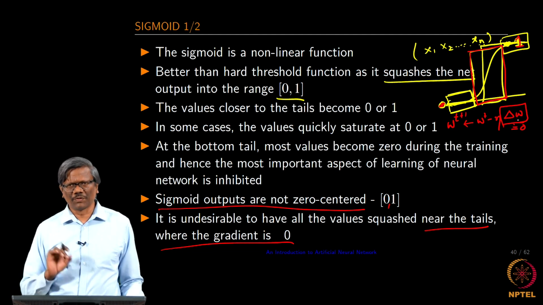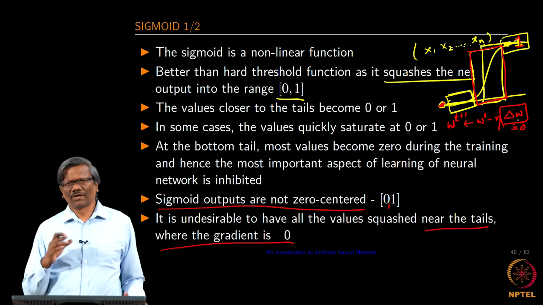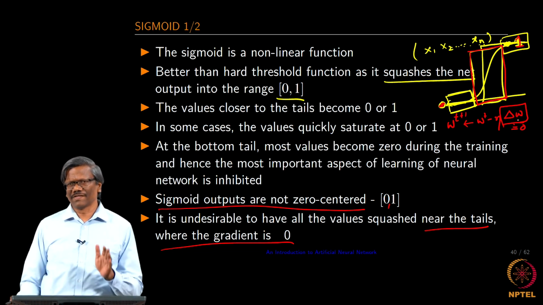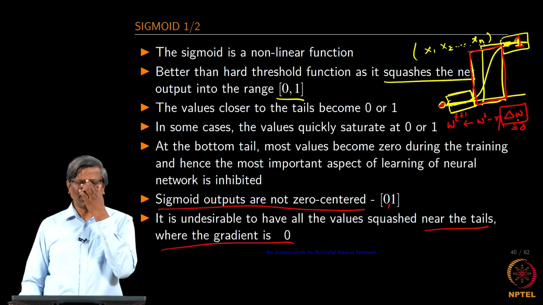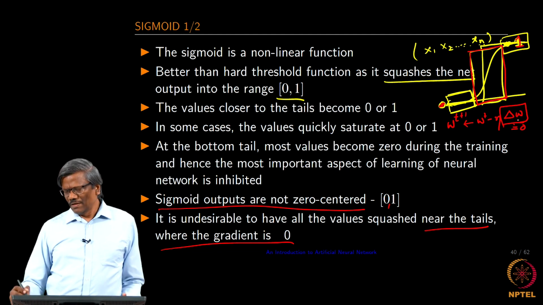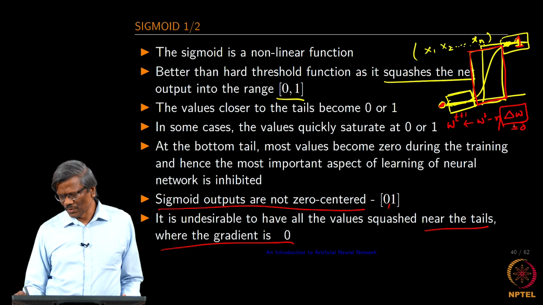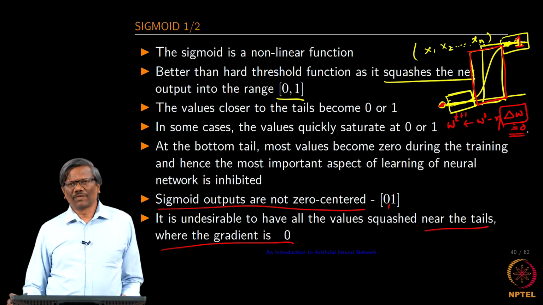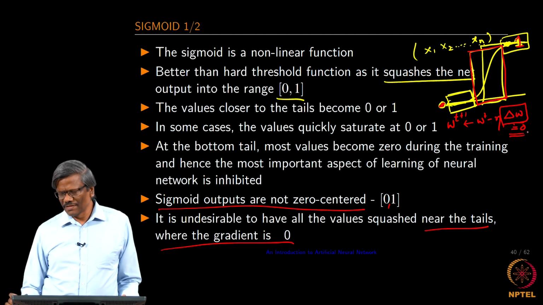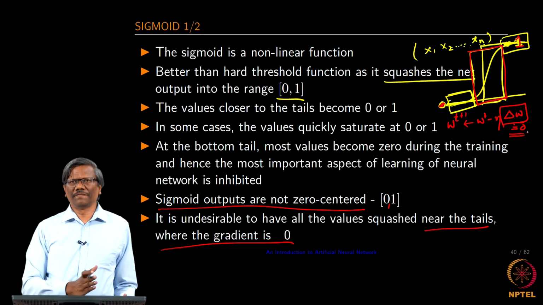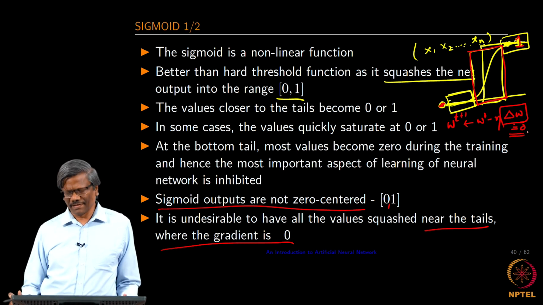If you very quickly reach this stage of delta W equal to 0, that means there is something wrong with your input, your network design, or your weight initialization and so on. So, you may want to check your architecture and the input parameters that you are giving, so that the network does not get into the stage of delta W equal to 0 in the second or third iteration itself.